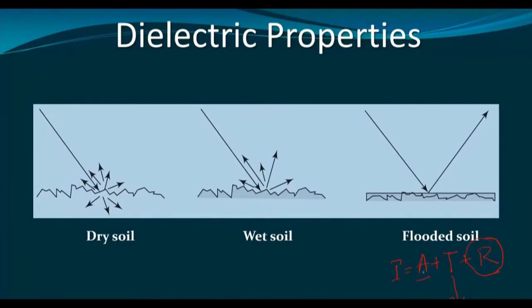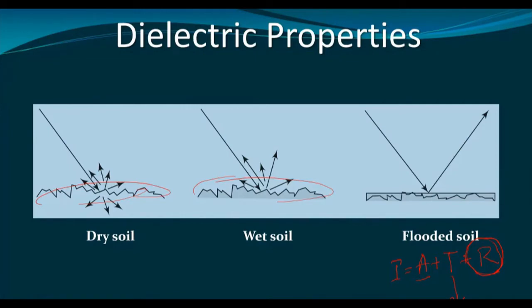Therefore, the amount of energy that is being reflected will be reduced. And in case of dry soil, if the terrain type is similar, it will appear darker in comparison to the wet soil. So, in case of wet soil, it will appear brighter on the radar imagery.